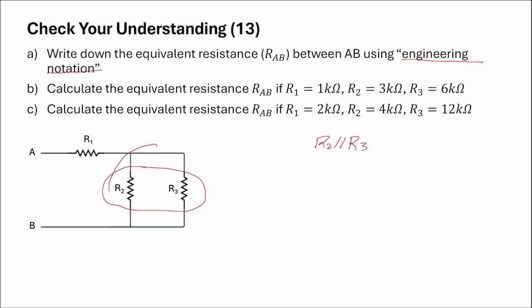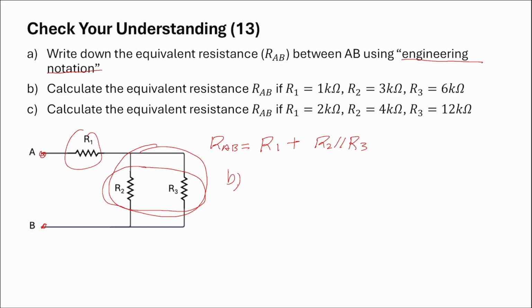These two resistors are then connected to R1 in series. So the way to write it is this. We can say this is RAB, the resistance between A and B. This is what you can imagine when you use a digital multimeter. When you measure the resistance, you can replace all three resistors by just one.